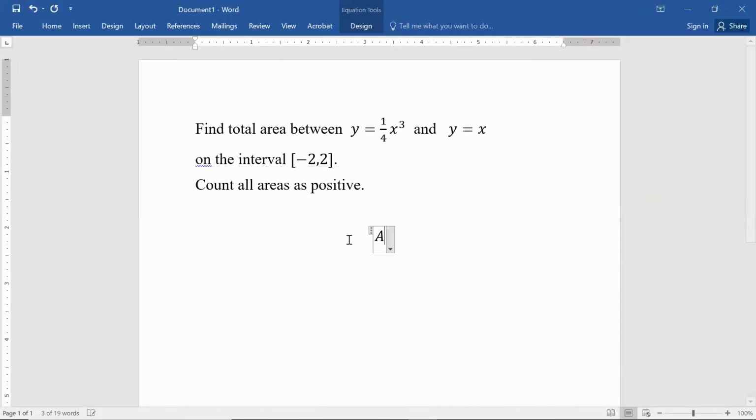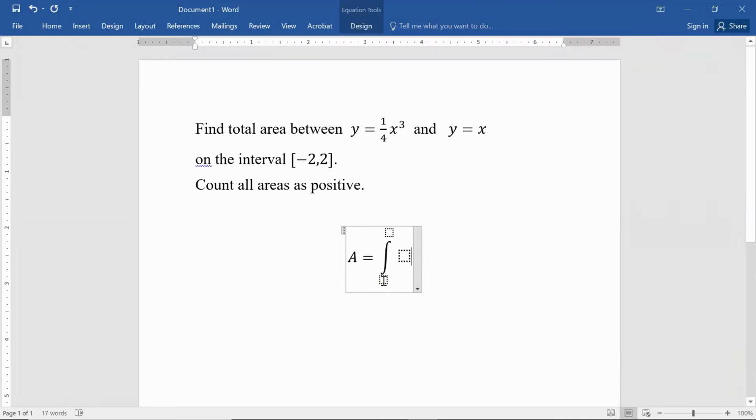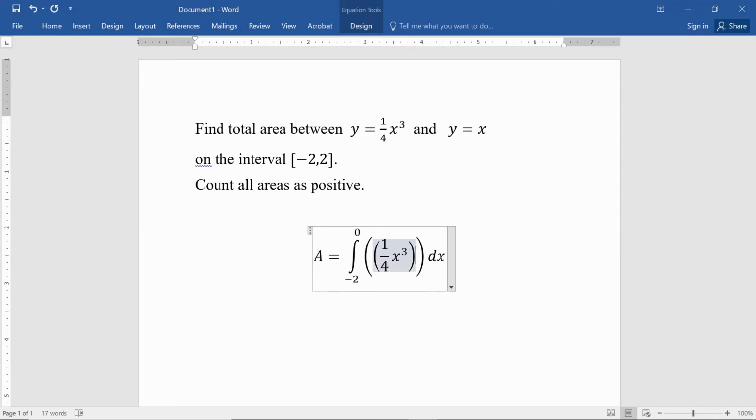So let's actually set up my integration. I'm going to be integrating that first area, the left-hand area, from -2 to 0. On the -2 to 0 subinterval, we know that 1/4 x to the third is the function that's on top. We know that y equals x is the function on bottom.